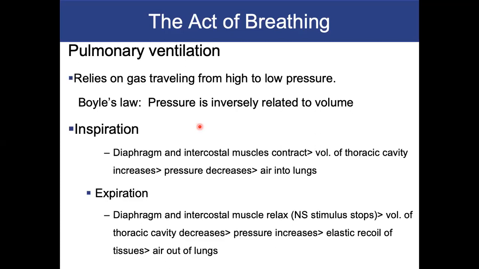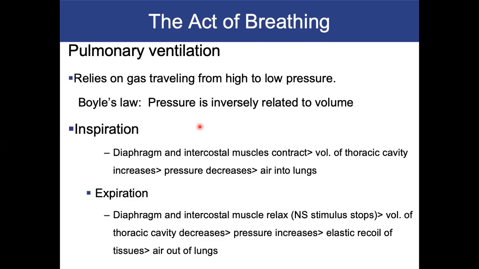So the diaphragm contracts down, and your external intercostals between your ribs are going to contract. When they contract, they're going to pull the ribs up and out, and that is going to increase the volume of the thoracic cavity. And so when volume increases, pressure drops. If pressure drops in the lungs, then air is going to move from the external environment into the lungs. Okay, that's how we actually take a breath.